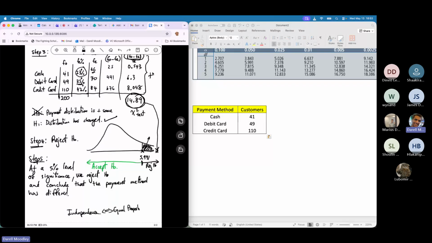Okay, it's very similar, these two. The only difference is your step 1 and your step 5. That differs, but pretty much the calculations are the same. And then today we did the goodness of fit test, which is quite different from the other two.